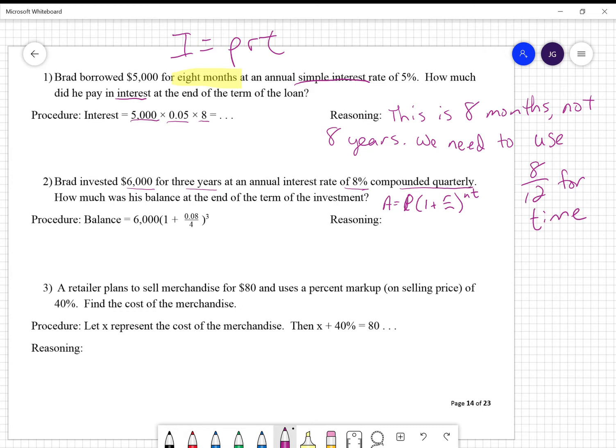My balance, A, is equal to 6,000 is my principal, times 1 plus rate is 0.08 over compounded quarterly is 4 to the power of 3. There's my mistake. The power should be 3 years times 4. Should be years times n. In this case, 3 times 4.